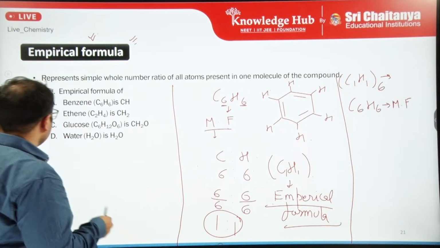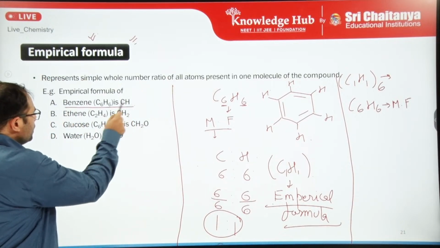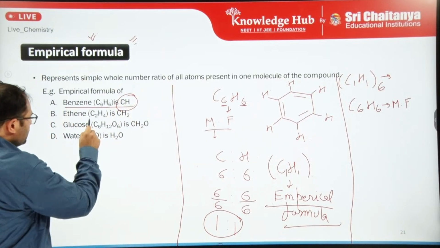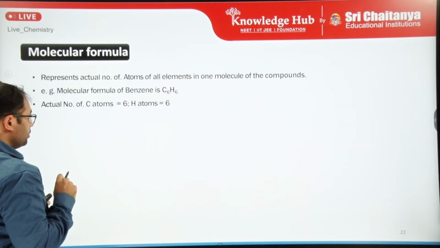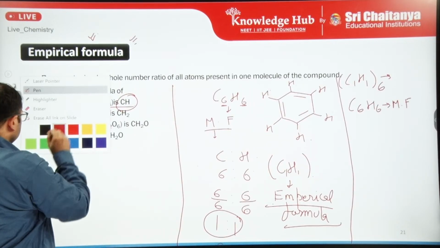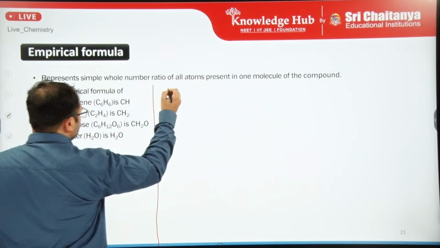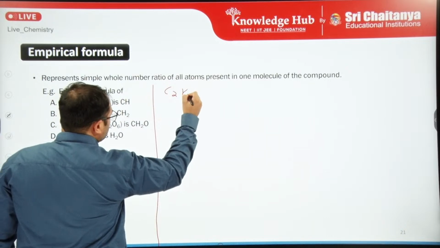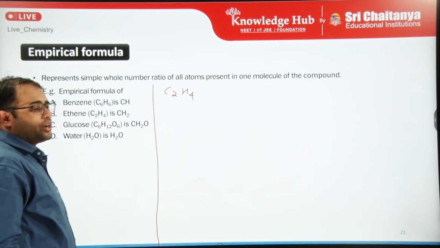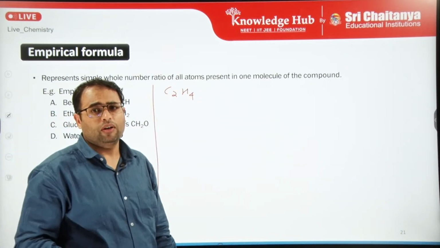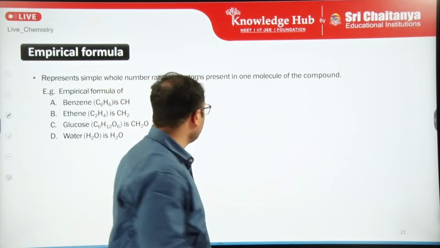Here are some examples, like benzene I gave you, CH. Next example, you have C2H4. Try and simplify this to the simplest whole number. How will you do that?